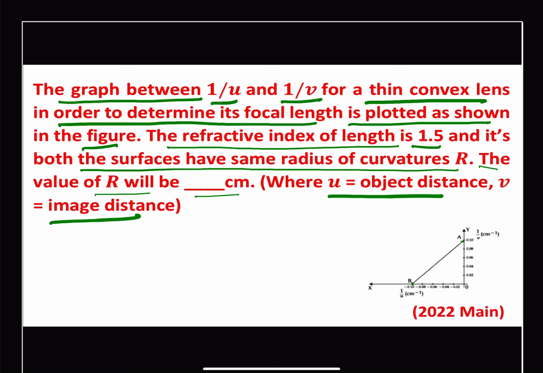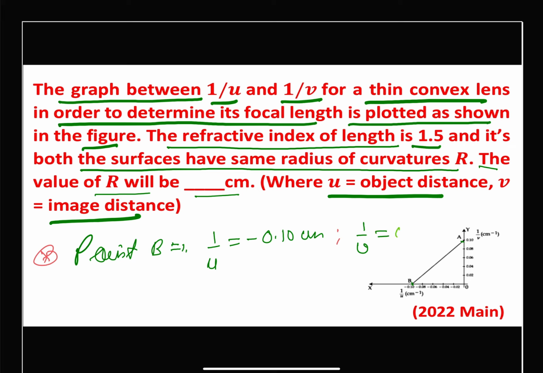So we consider any one point. Let us suppose we consider point B. At point B, we can write that our 1 by u will be equal to minus 0.1 centimeter, and obviously at this point B, our 1 upon v will be equal to 0.